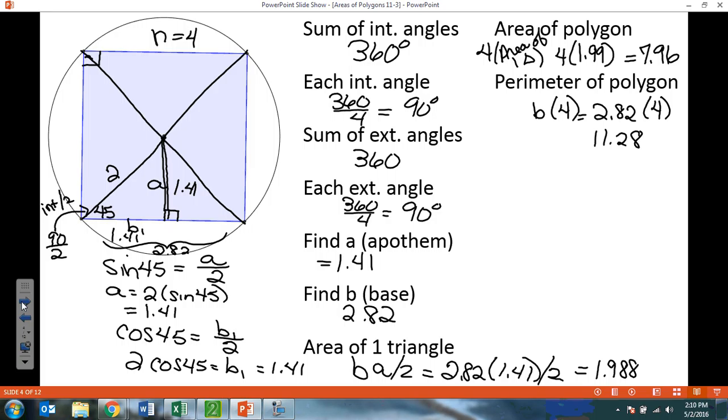Someone wanted to see that one next. So 8 sides, octagon. We're going to draw a triangle. Yep, drop a triangle with an apothem, perpendicular to the base from the center.